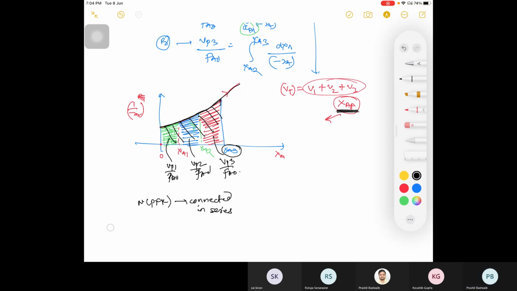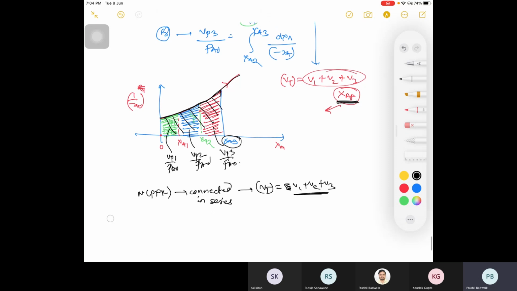Okay, so I'll write here: n number of PFRs connected in series, having total volume equal to V1 plus V2 plus V3, will have the same overall conversion as a single PFR of total volume VT.